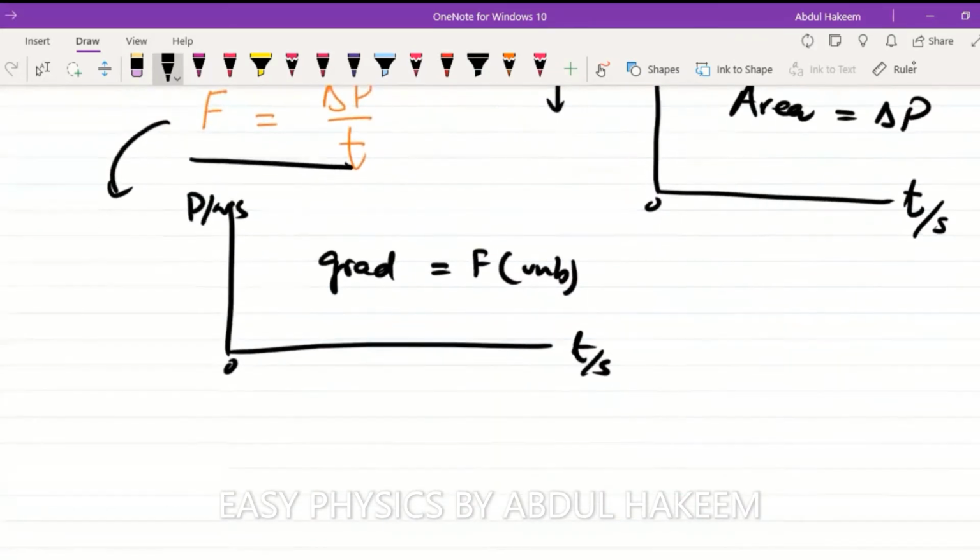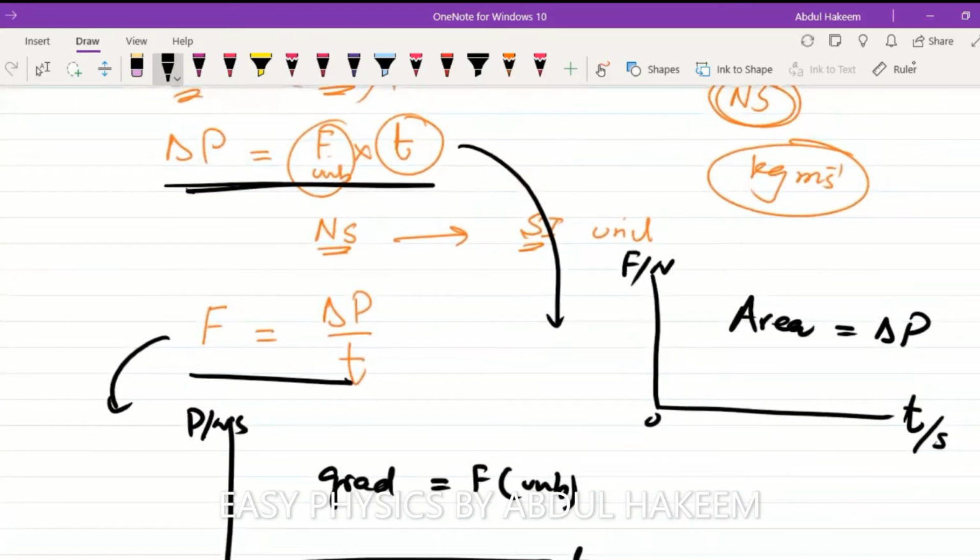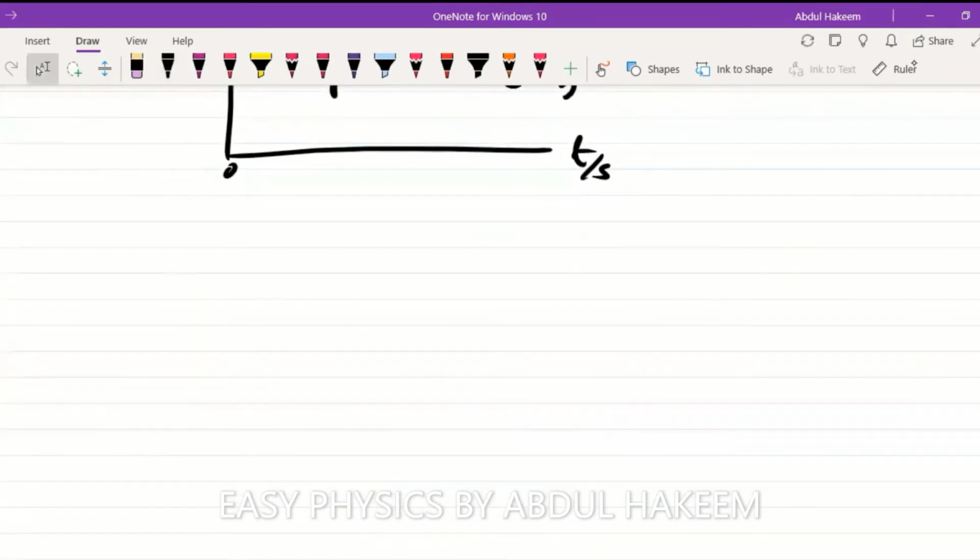So change of momentum is unbalanced force times t, meaning the unbalanced force is change of momentum divided by time. So a very, very important relation: F is equal to change of momentum divided by time.